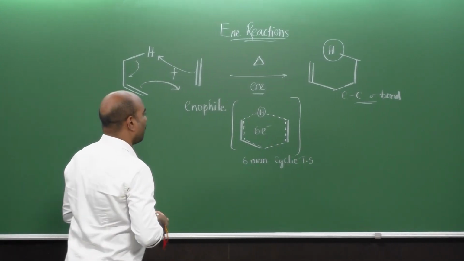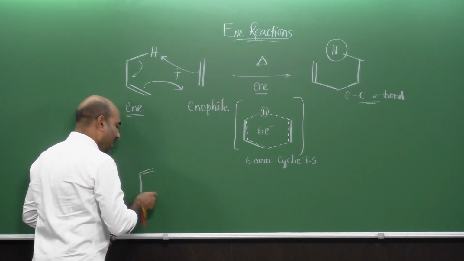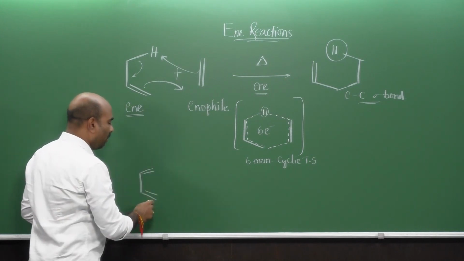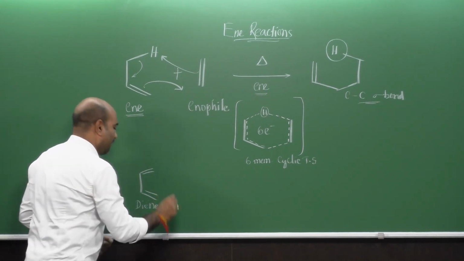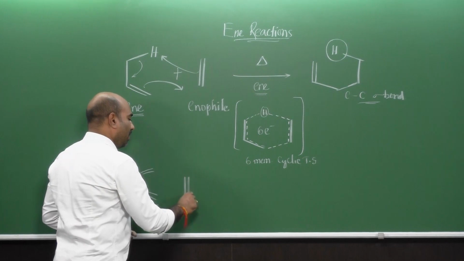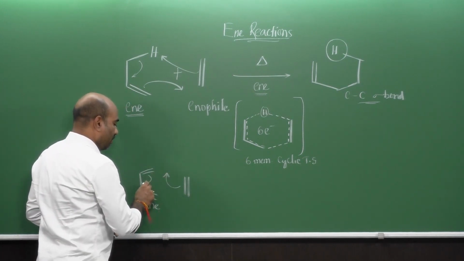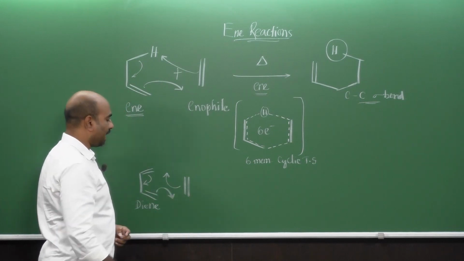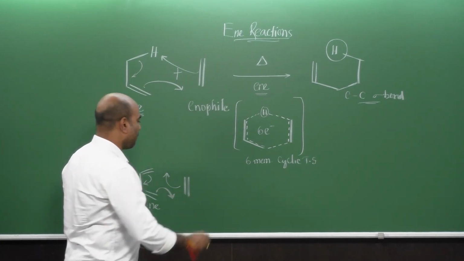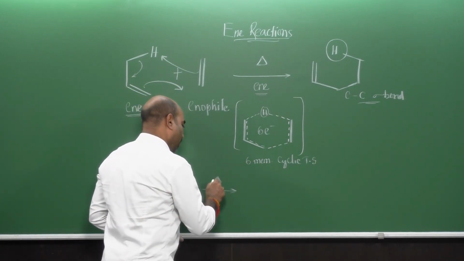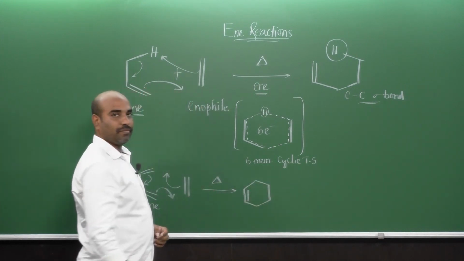In the case of the Diels-Alder reaction, there will be a diene. In the place of the ene, you will see a diene molecule, and the enophile will also be there. Cyclic reorganization of electrons takes place between these two components under thermal conditions only and results in the formation of a cyclic adduct, right?